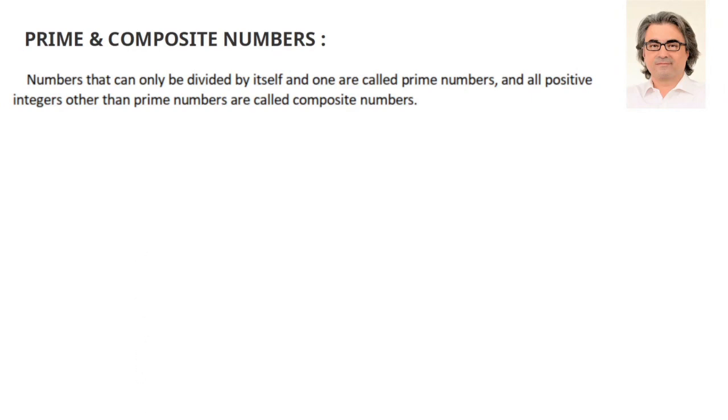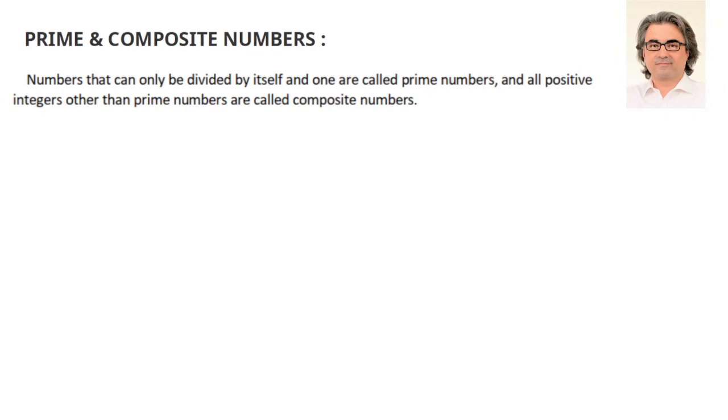Shortly, composite numbers are numbers formed by multiplying prime numbers. For example, 6. 6 is equal to 2 times 3. 2 and 3 are prime numbers, and their multiplication gives us a new number, 6. So 6 is a composite number with this definition.